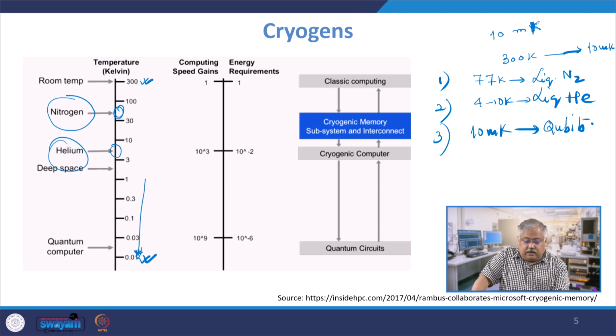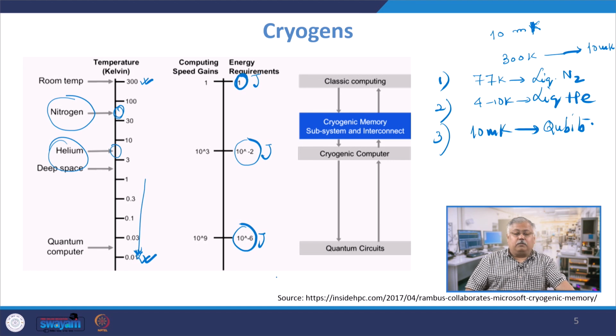Let us look at the second graph, which gives you the computational gain, the speed improvement you get versus the energy requirement. If I assume normalized energy requirements of 1 at 300 Kelvin, it becomes approximately 10 to the power minus 2 at liquid helium, which is around 3 Kelvin, and reaches 10 to the power minus 6 joules when you go down to qubit temperatures.